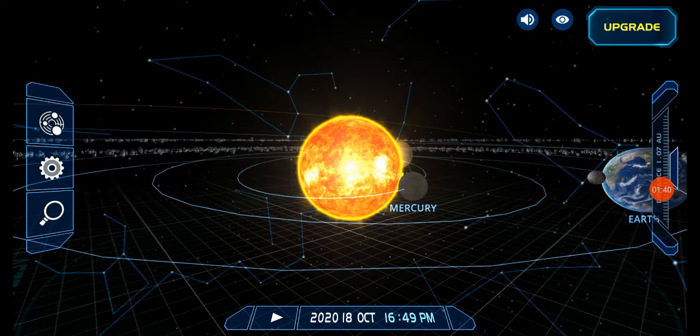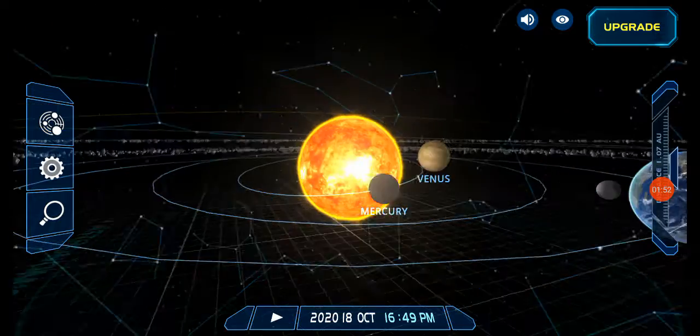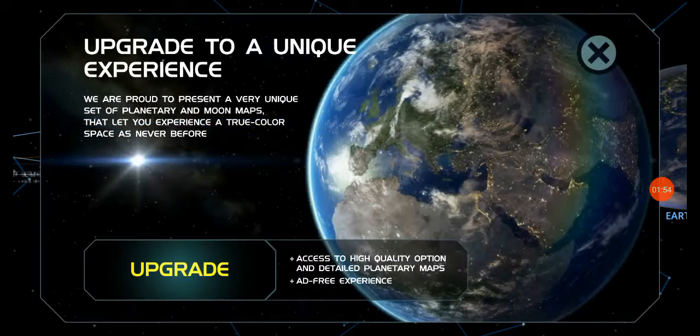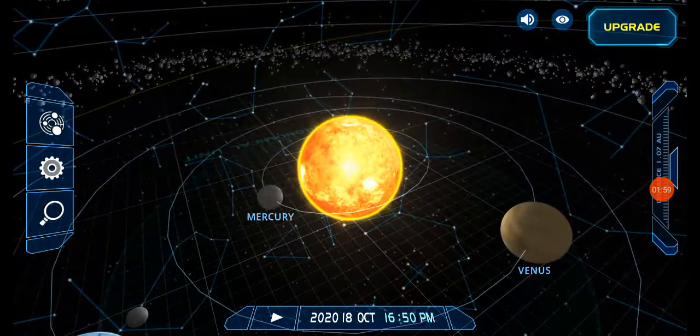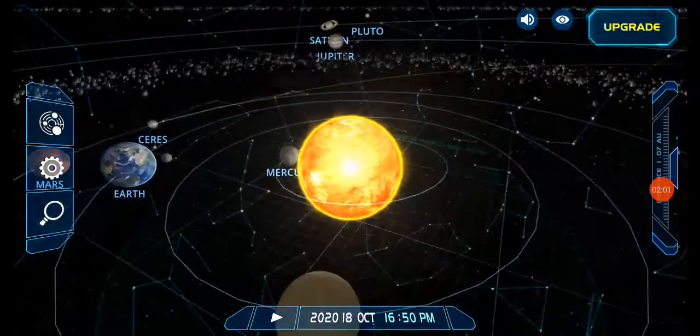The sun will die one day, when its fuel or gases burn out, but as of now the sun will give us light and heat for about 5 million years. So this is about the sun.